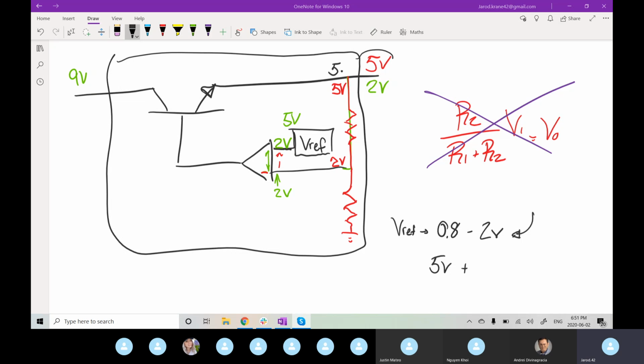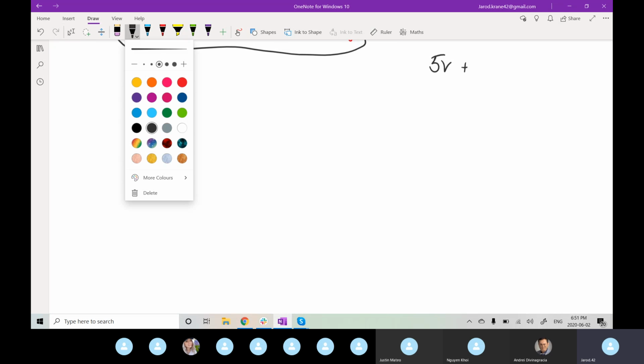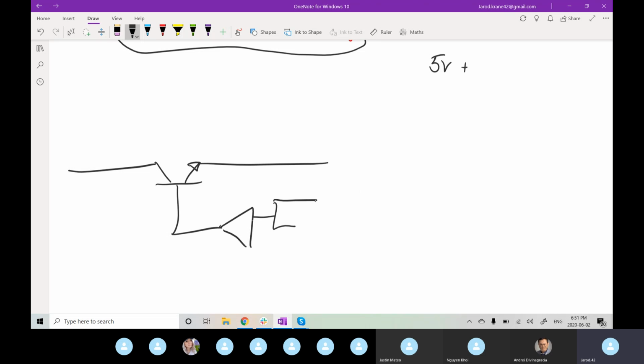Then we can slide directly into the adjustable linear regulator, which is no different than what we just saw.